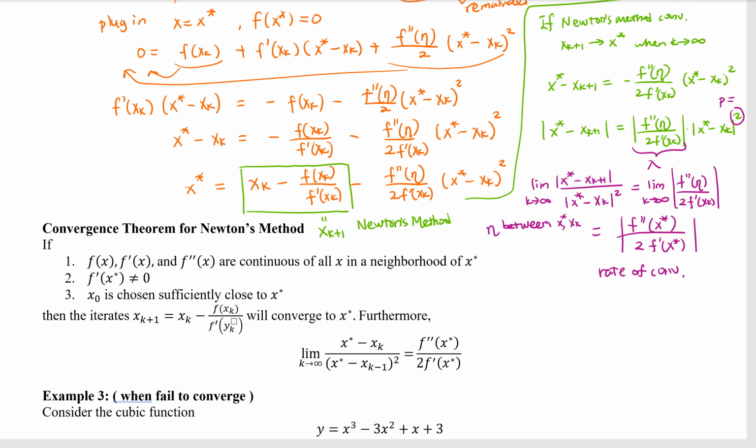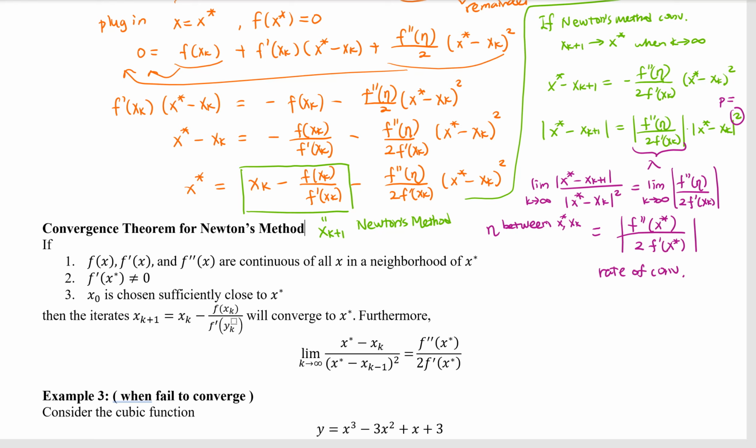Then f prime of the true value is not 0, because look at our rate of convergence, it is in the denominator. You don't want your denominator to be 0, right? Otherwise, we want the lambda to be small. We don't want the lambda to be big. And third, x0 is chosen sufficiently close to the true value.